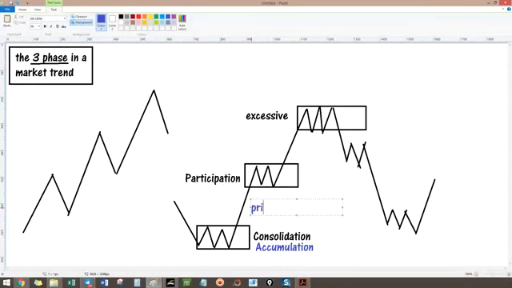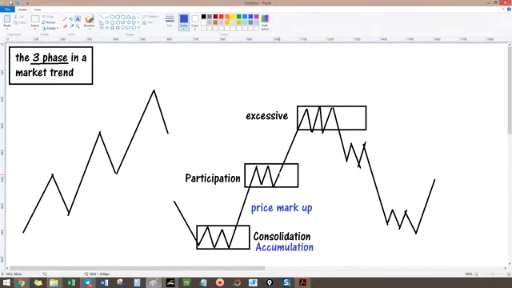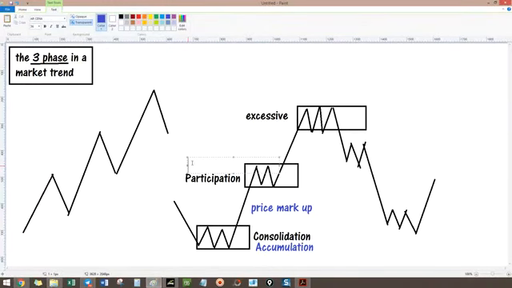Price mark up. And then people start to notice this, so it creates awareness, which creates reaccumulation. So over here is reaccumulation.